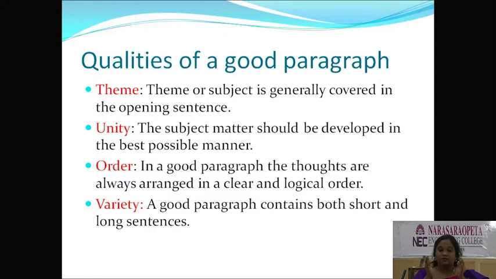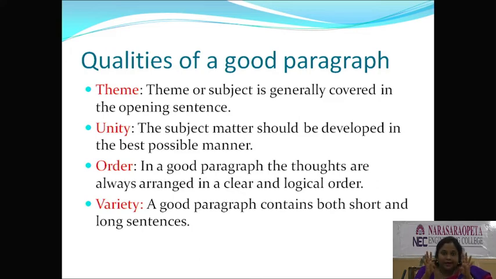But there are certain parameters by which the quality of a paragraph is judged. There are 4 points one has to remember while judging a good paragraph. How do you say that the paragraph is good?